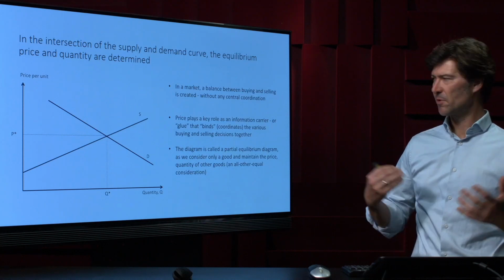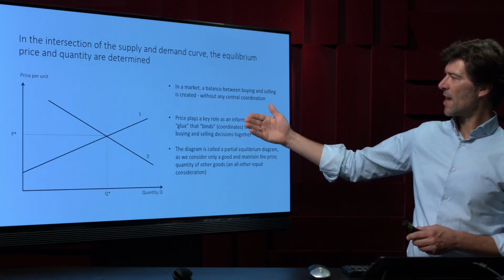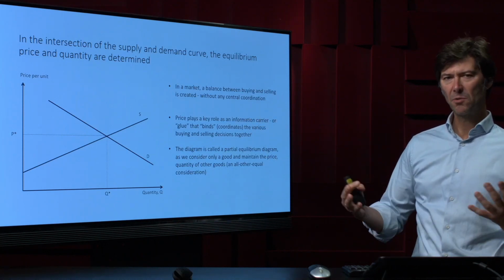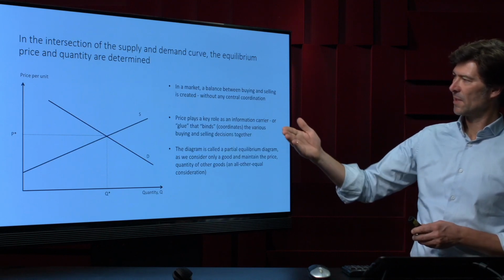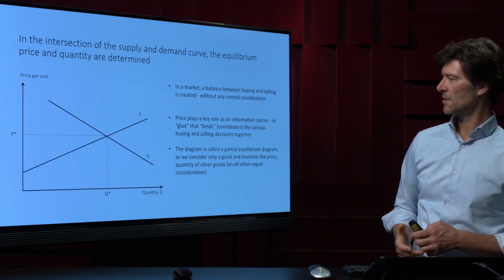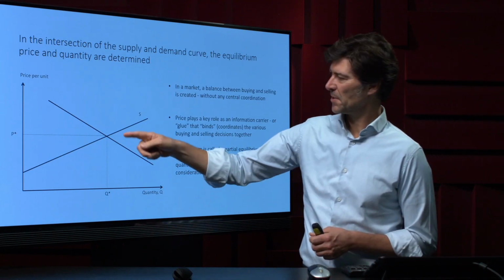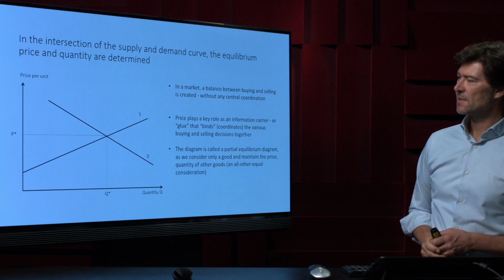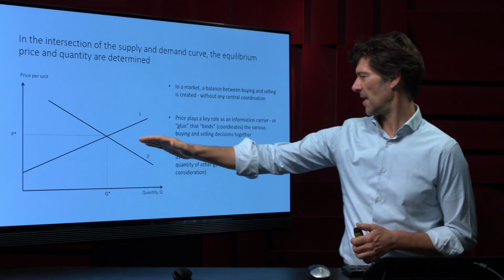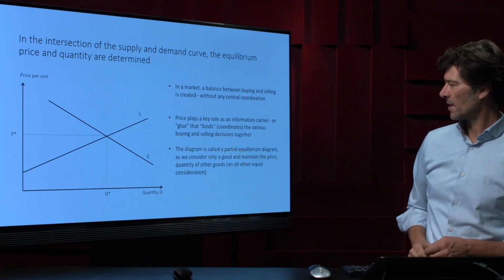It is created through the market prices. The price is, as I say, the glue that binds together the buying and selling of the parties, the market players in a market. And by this piece of information, the price, we will reach an equilibrium.